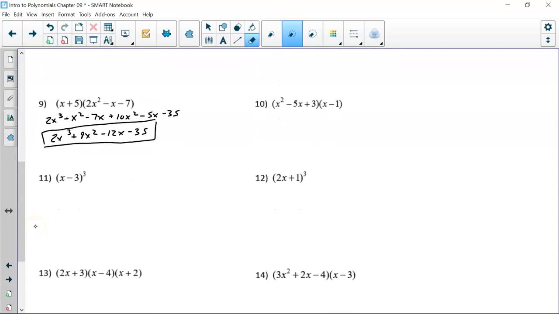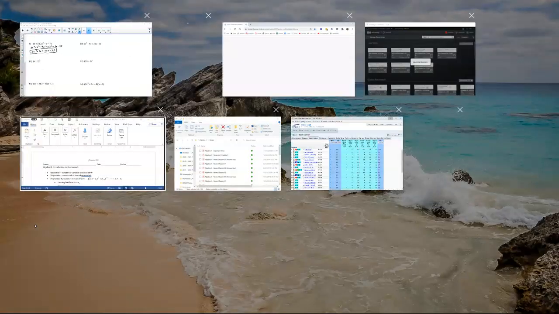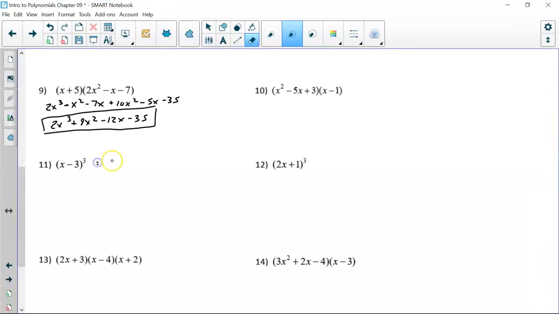Let's go to problem number 11 now. Now for number 11, it's x minus 3 cubed. So what that is, that's x minus 3, x minus 3, and x minus 3 again. When multiplying more than two numbers, multiply two of the binomials and then multiply that answer by the third.